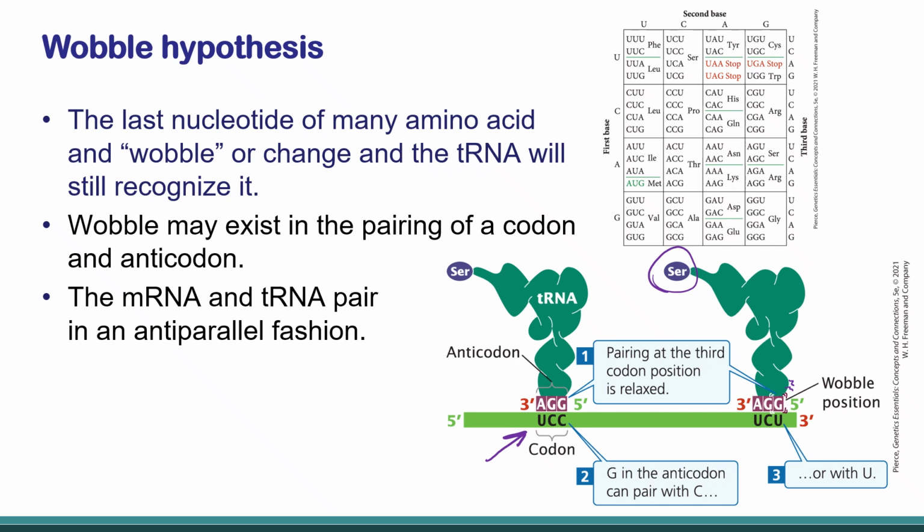As long as we have the AG part matching up, this tRNA can still bring in serine. So we could have the tRNA that is AGG insert the serine, or we could have the one with an anticodon of AGA, and either one can insert a serine at that point.